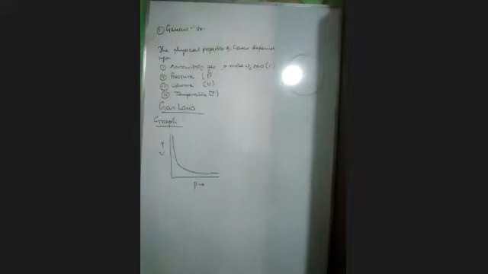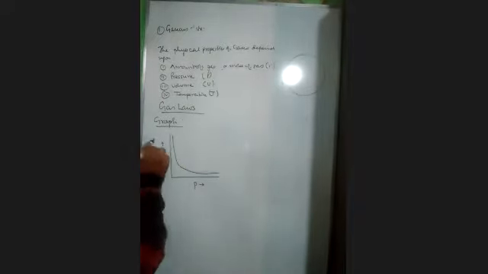See here, we are going to do the graph of Boyle's law. This is the pressure axis and this is the volume axis. In that case, what do you find? When the pressure increases, volume decreases. So this is the graph that you are going to get. In this case, what is the condition?